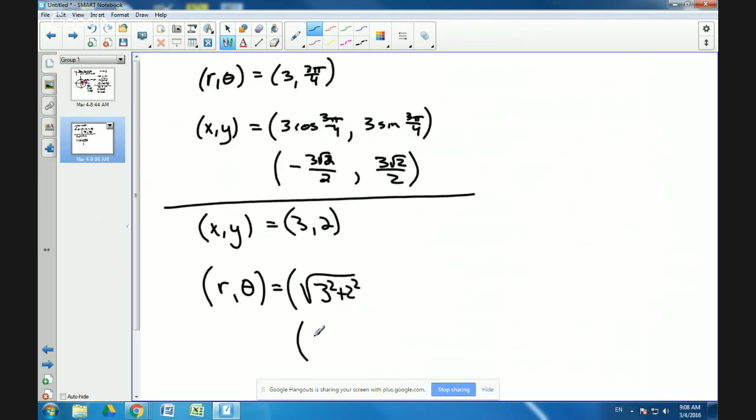So square root of 13. And theta is tan inverse of 2/3, which I don't know off the top of my head. It's the decimal. Okay. So we're transferring to polar.